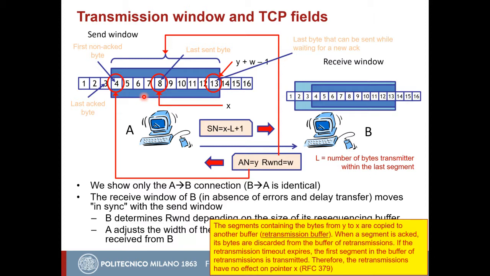If there is a timeout expiration, then the content of the retransmission buffer is sent. So the operation of the transmission buffer is momentarily stopped, and the sender starts fishing out segments from the retransmission buffer. So this buffer during the retransmission continues.